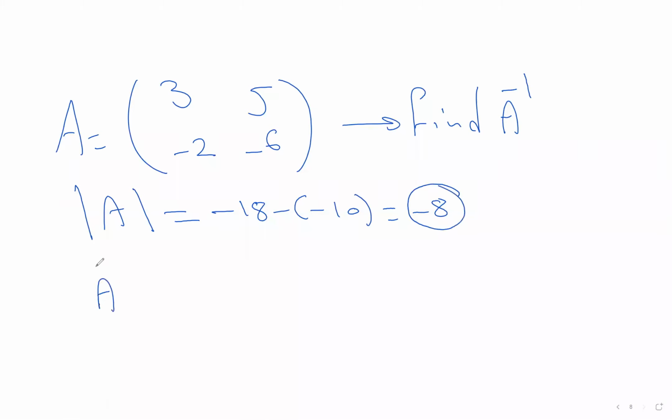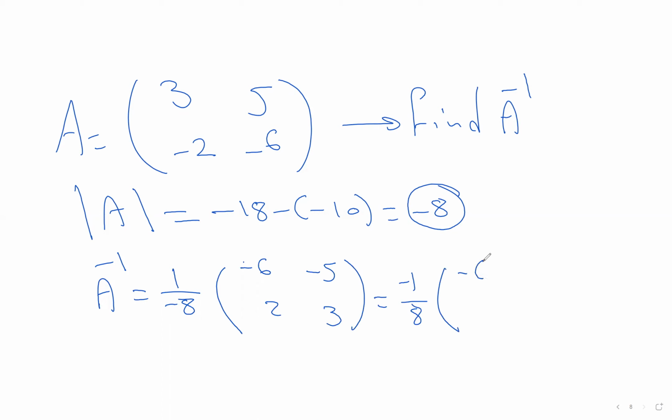And the inverse will be 1 over the determinant of A times negative 6 and 3, negative 5 and 2, which is negative 1 over 8 times negative 6 and negative 5, 2 and 3.